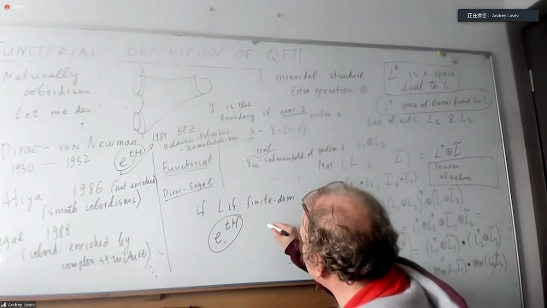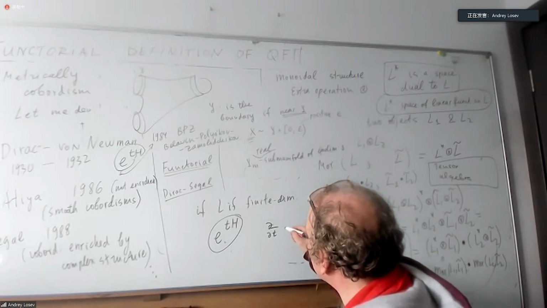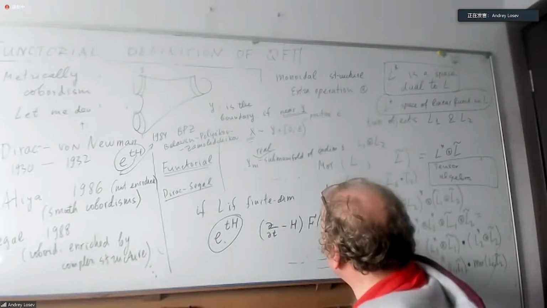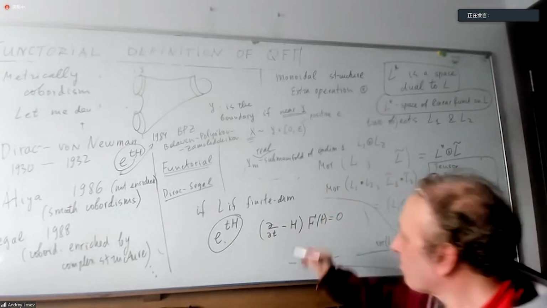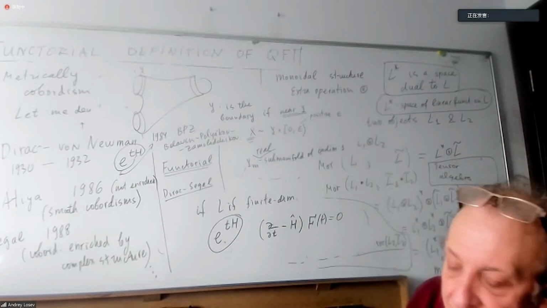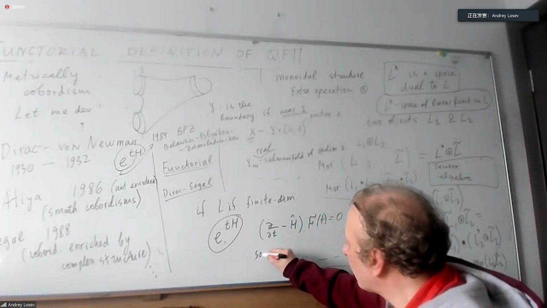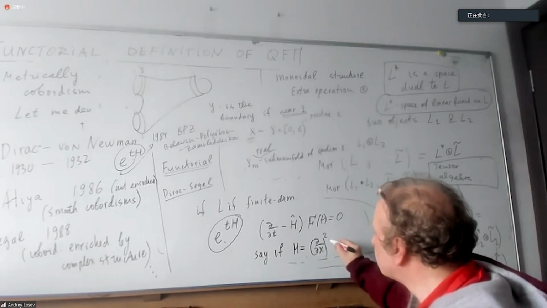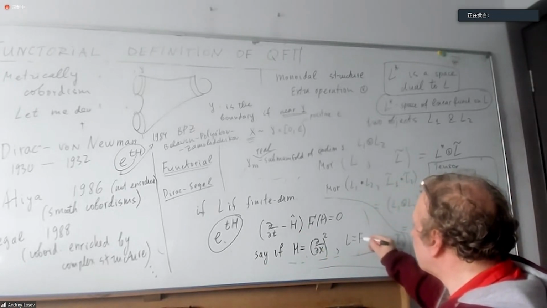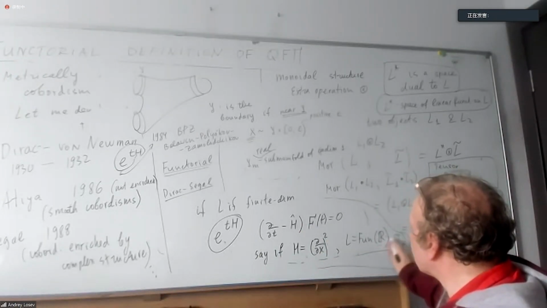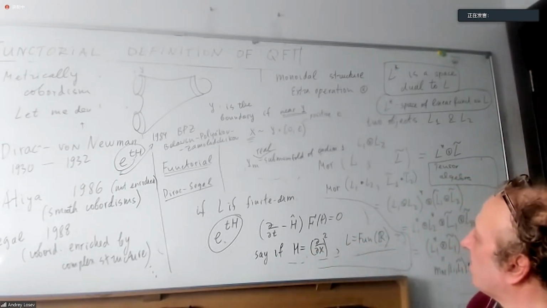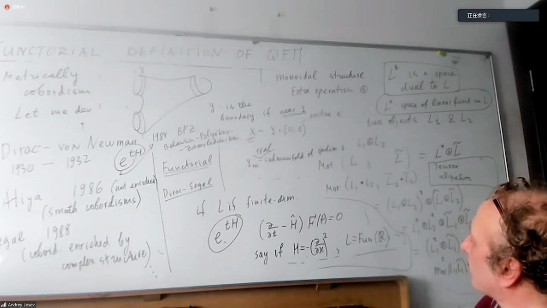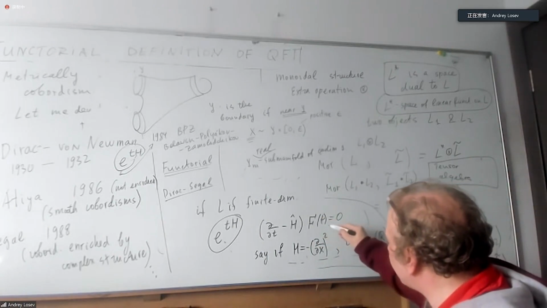People speak about the following: a solution to this equation. So you do it like this, say, if h is an operator where L is a function on R. In this case, such f exists and is known as the heat kernel.